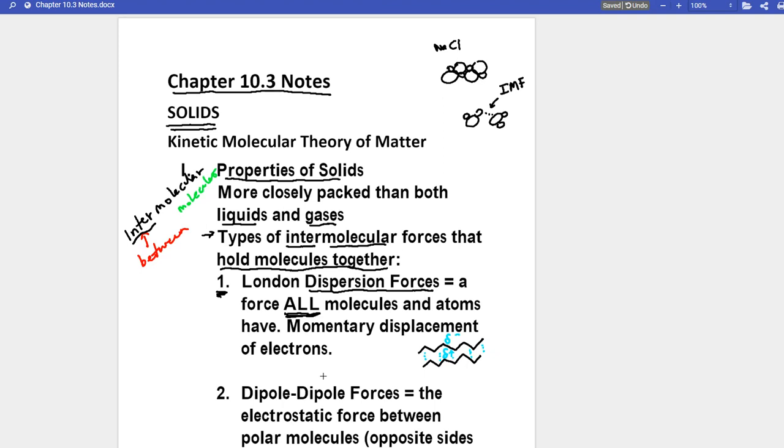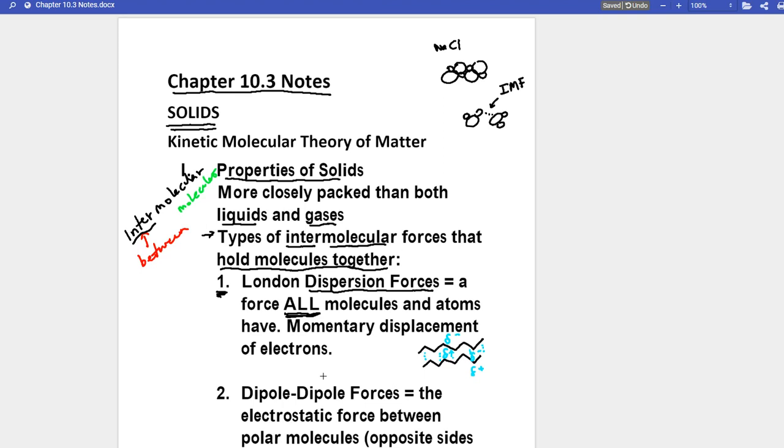That is going to cause the one next to it to also shift, the electrons are going to kind of shift up towards the top here. So the top of the bottom molecule would be partially negative and then partially positive underneath. For that split second or fraction of a second, these two are going to be attracted to each other.